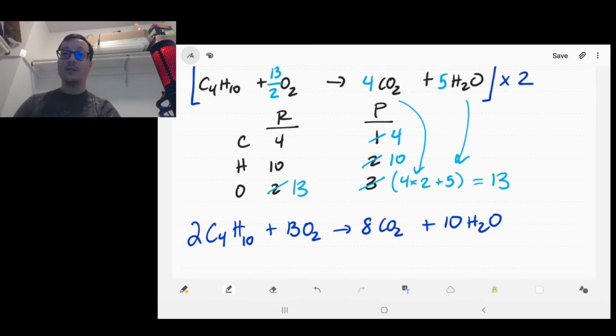And if you wanted to instead try making 2 and 13 both equal to 26, you're going to get the same answer if you didn't put the 13 over 2. That means I need 13 oxygens there. You're going to have kind of a pain working with the 13 on the right, though. So again, fractions are going to be our easiest way to deal with diatomic molecules like oxygen, where they come as pairs.